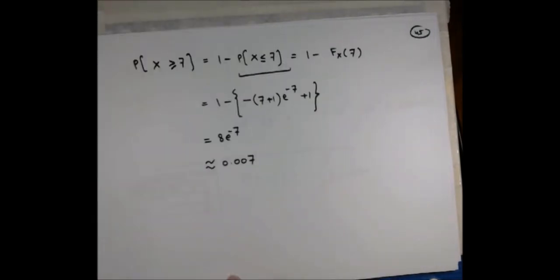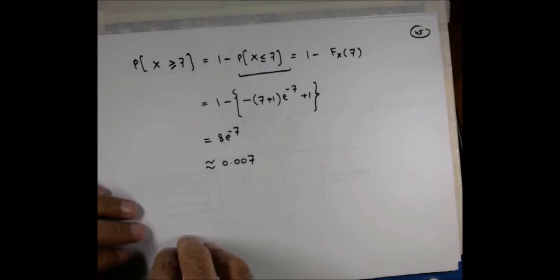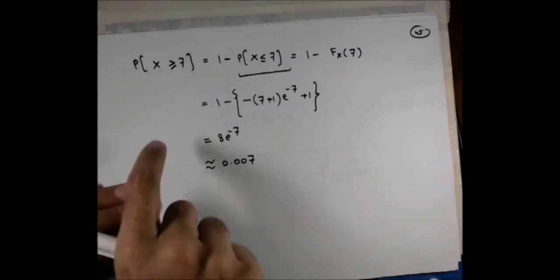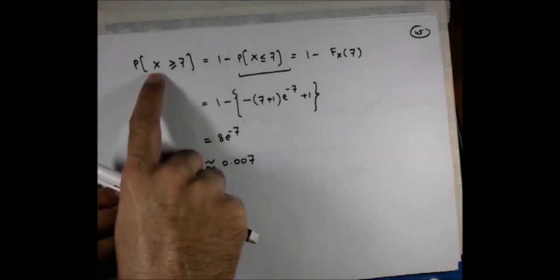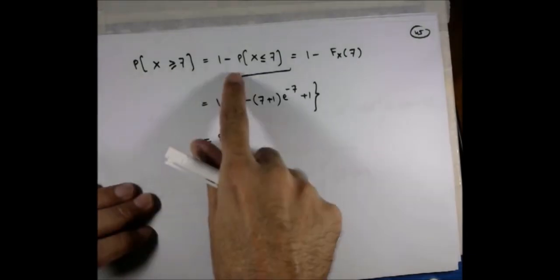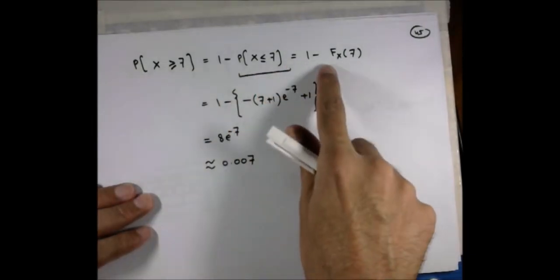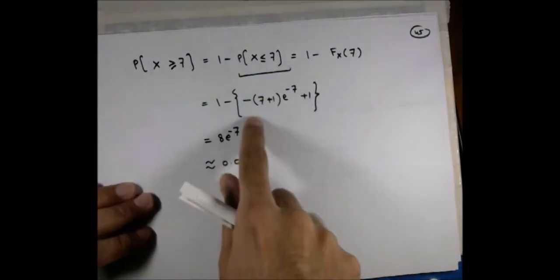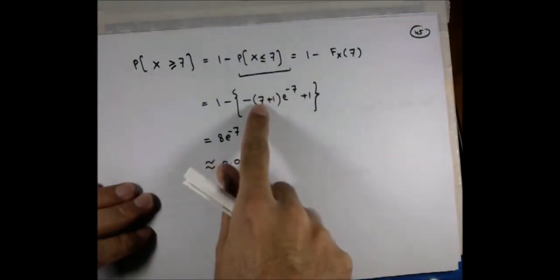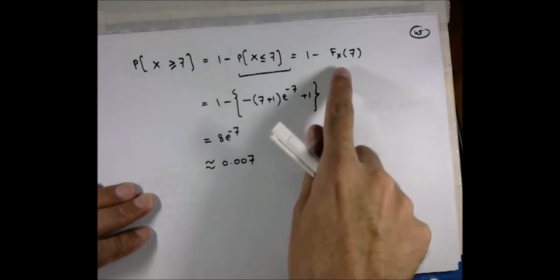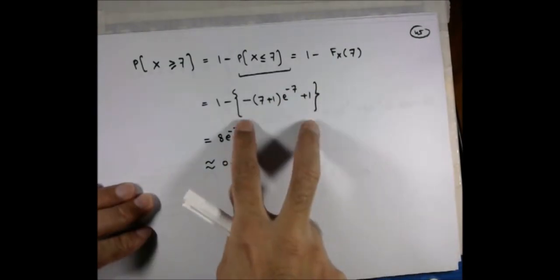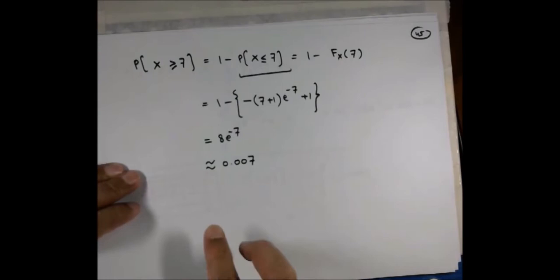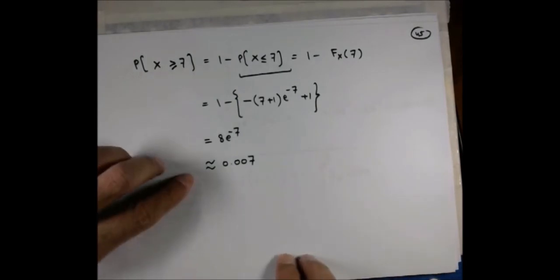Then we went on to the next meaningful interval, and that was the probability that x is greater than or equal to 7. So this can be written as such, and this is nothing but 1 minus f sub x at 7. So when we plug in x equal to 7 in the expression of the CDF, we ultimately obtain this particular probability.